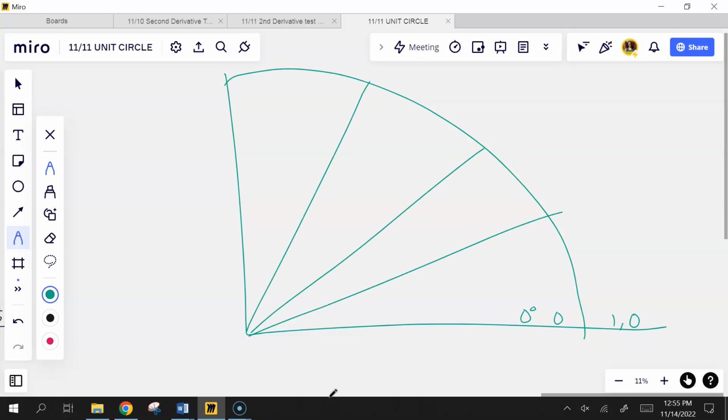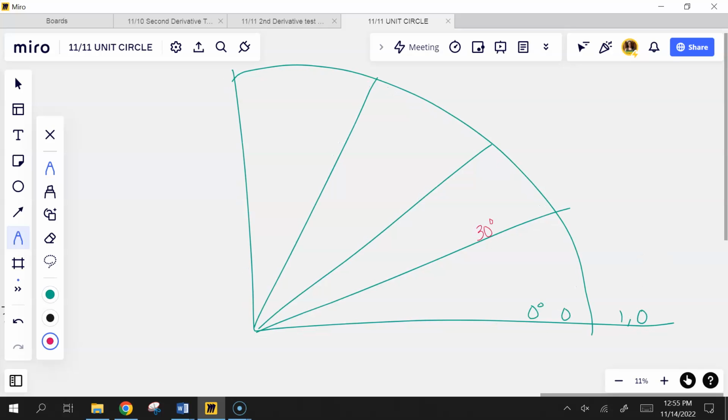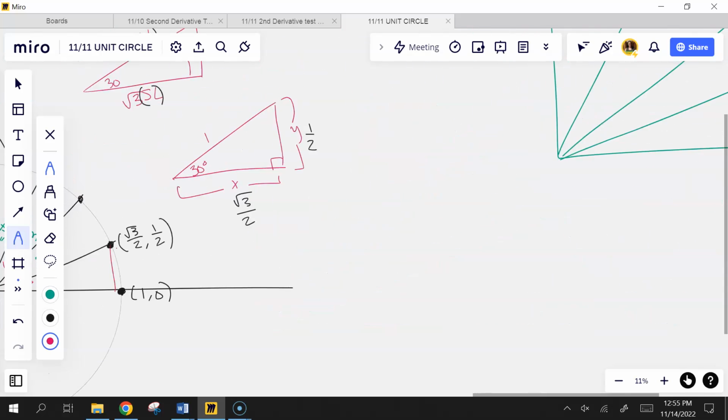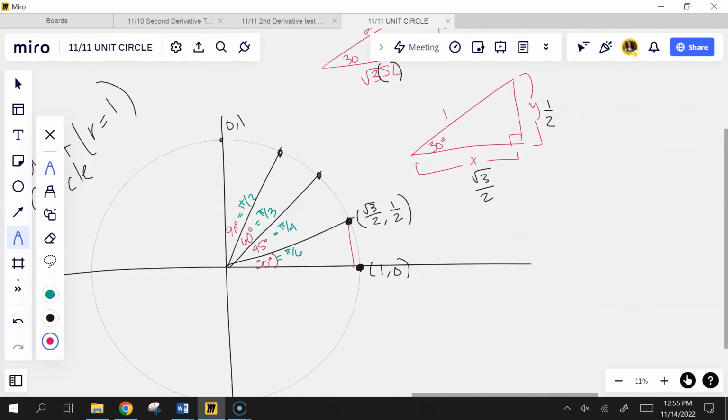On the axis is 0 degrees, and then you move up to 30 degrees, right? 0 degrees is the bottom one. I was just showing you that 30 degrees is this angle right here. 45 degrees is this angle, 60 degrees is this angle, and 90 is this whole quarter.